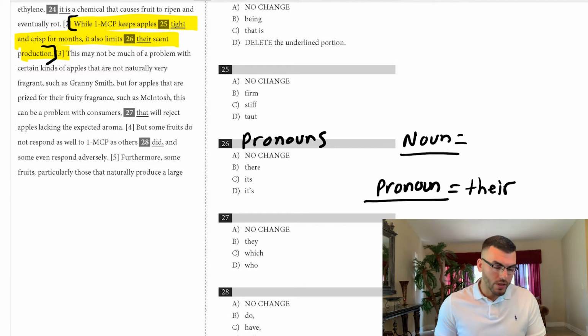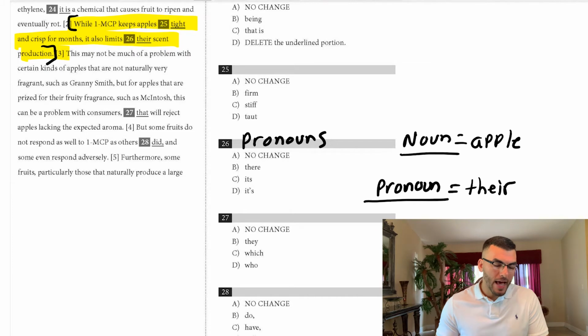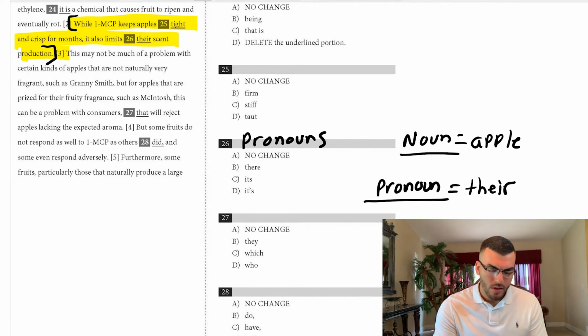Their scent production. It also limits their scent production. Who or what's scent production is being limited? The apples. While one MCP keeps apples tight and crisp for months, it also limits their scent production, the apples' scent production. So now what do we got to do?